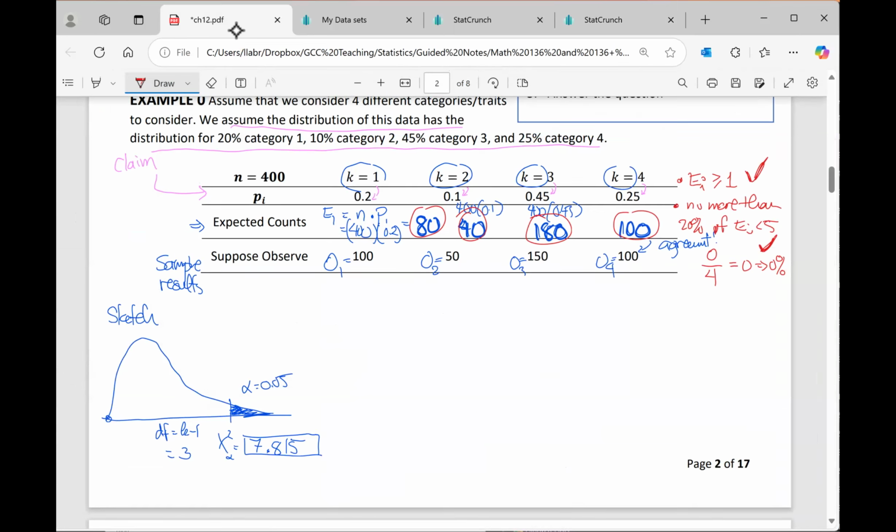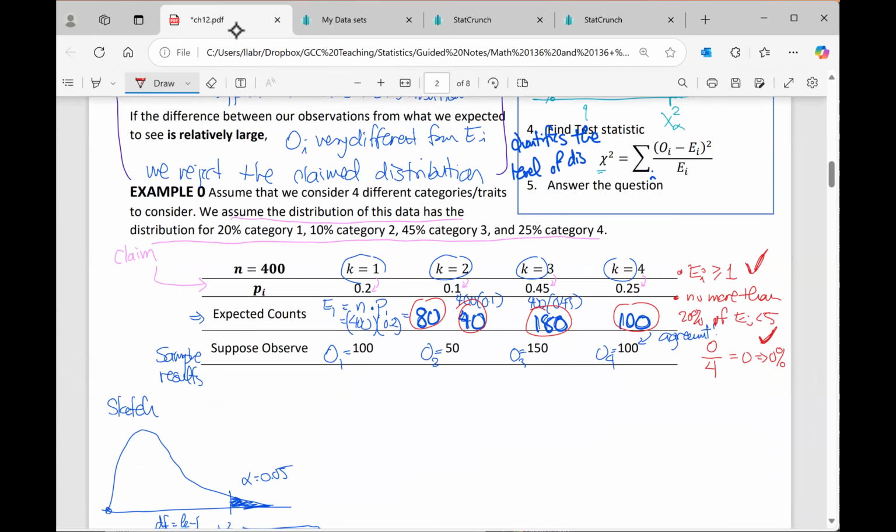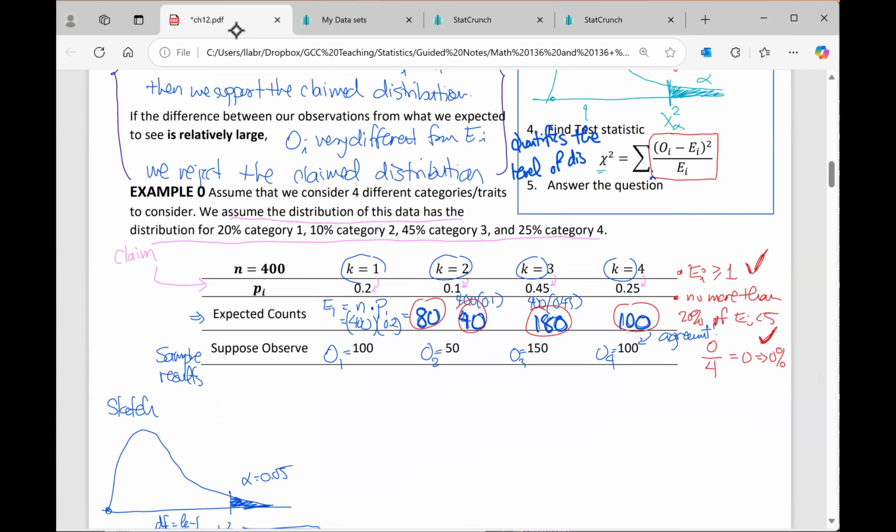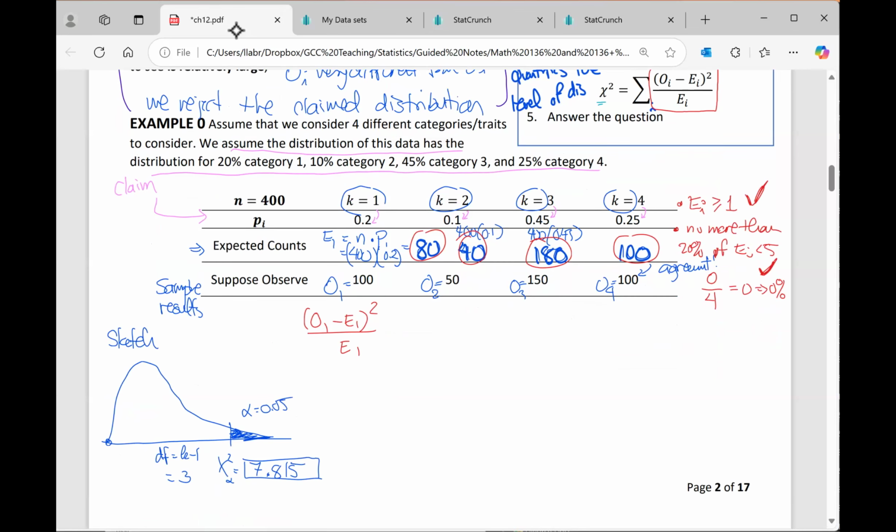The test statistic is going to be quantifying the level of disagreement in category i. So let's just look at each category. What is (O1 minus E1) squared divided by E1? That's going to be (100 minus 80) squared divided by 80. You could throw this into a calculator, or do it by hand.